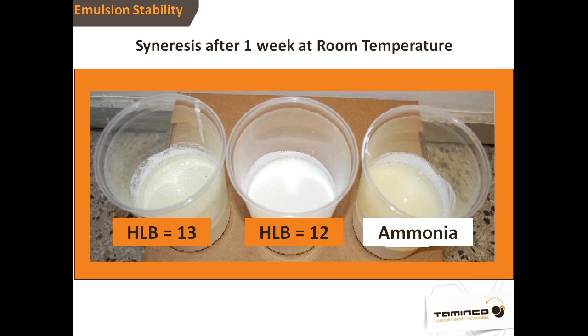We use these HLBs just so that we can put a number on the x-axis. We don't want to constantly have bar charts where we've identified the different alkanolamines as A, B, and C. There's less information in that type of plot. If we can instead plot some numerical value that has relevance for the alkanolamines, we get much more coherent trends when we look at different things like pigment dispersion efficiency versus HLB.